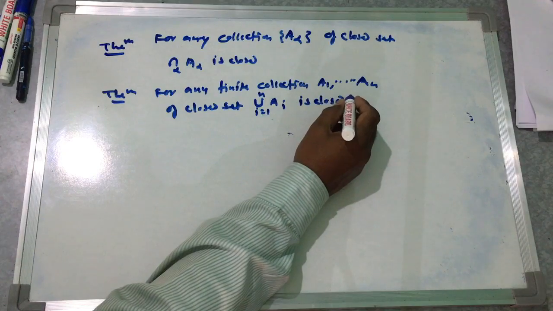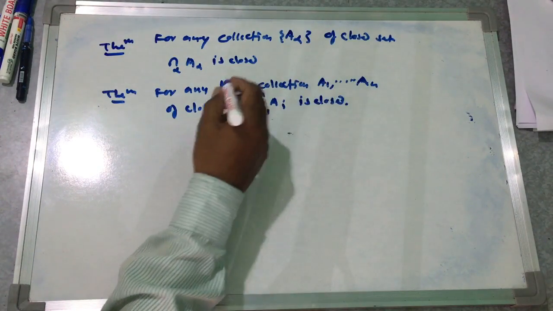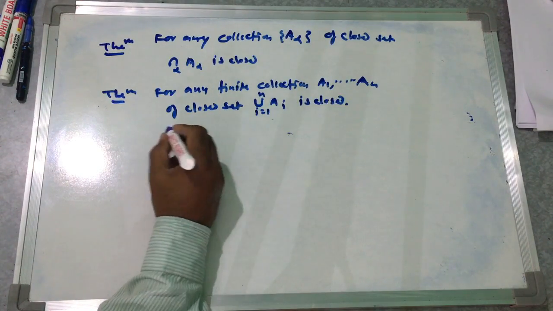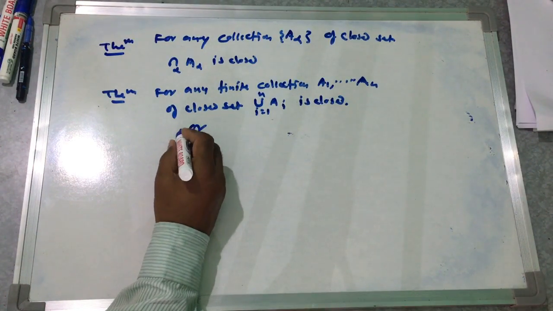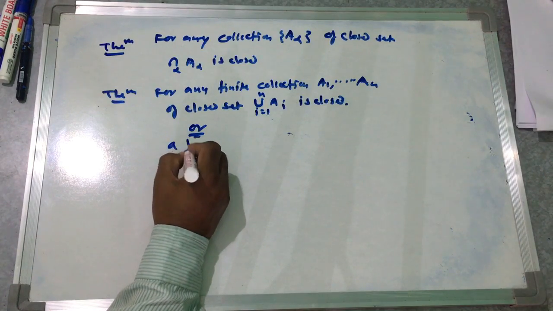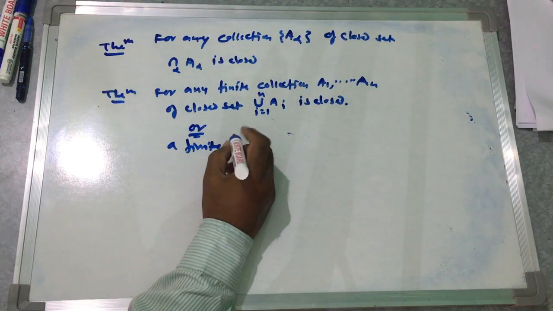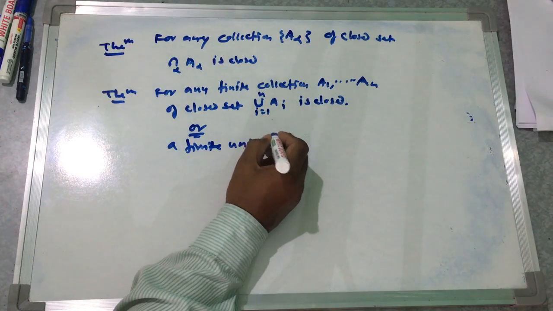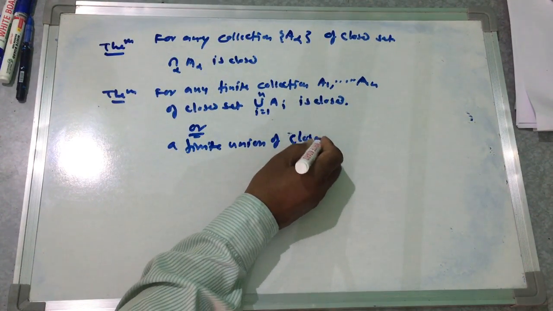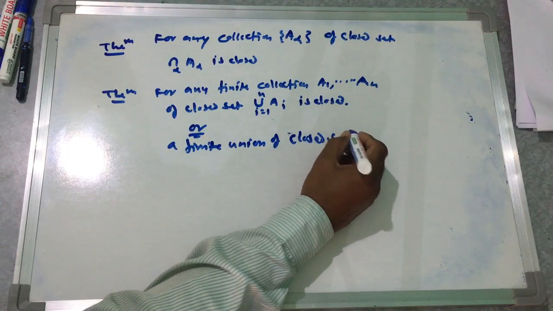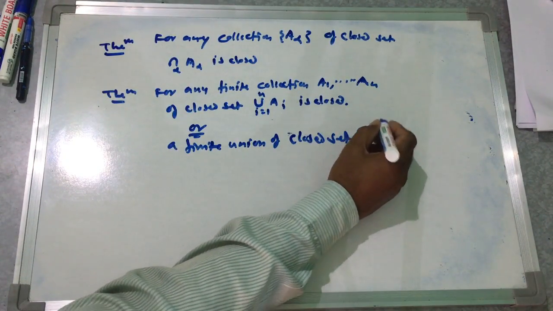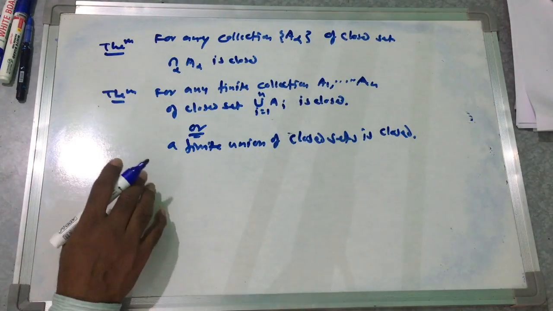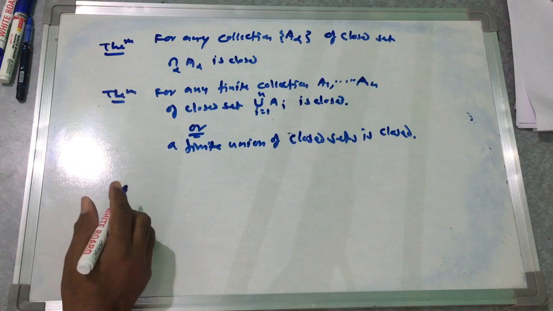That is, it has meaning, a finite union of closed sets is closed. Or you can note it: a finite union of closed sets is closed.